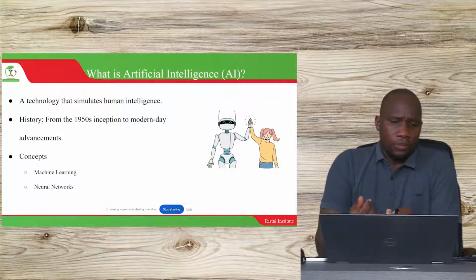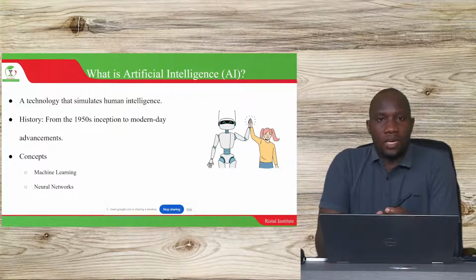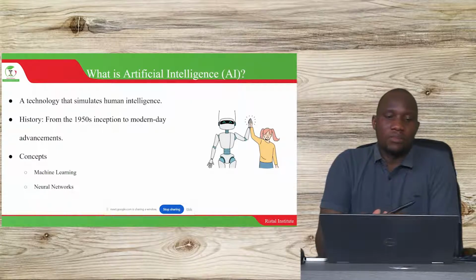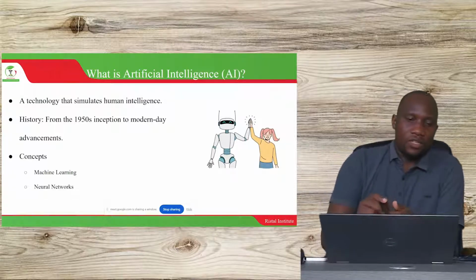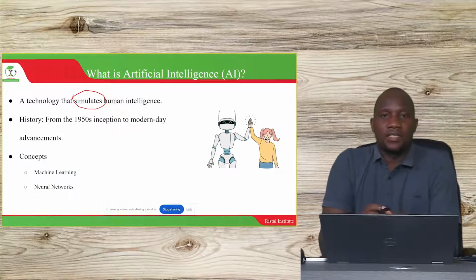Okay, so what does this really mean? When we talk about AI, we are basically referring to computer systems that try to simulate. The word simulate is that trying to be like the human intelligence. Okay, so you have computer programs that can perform tasks that otherwise humans can perform.